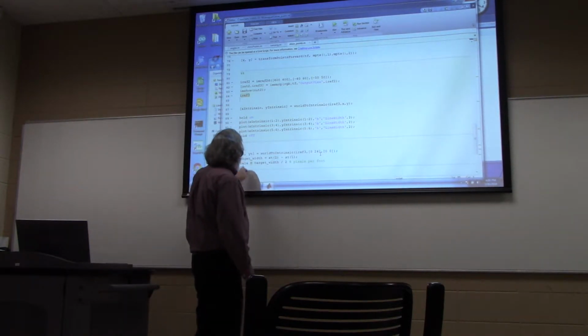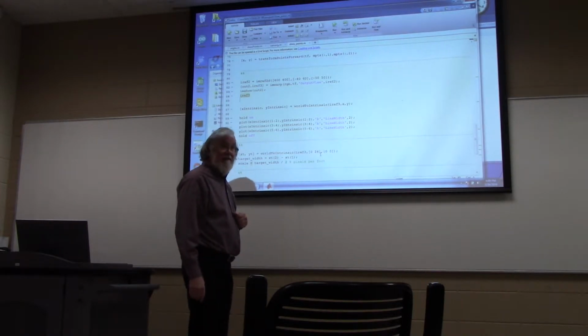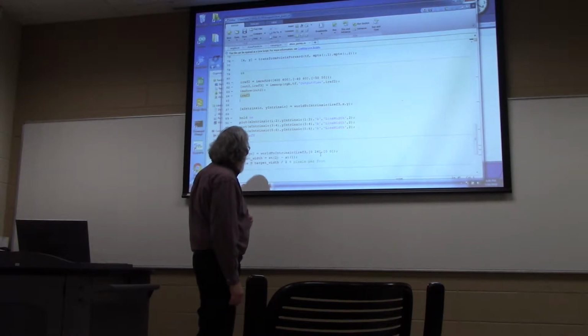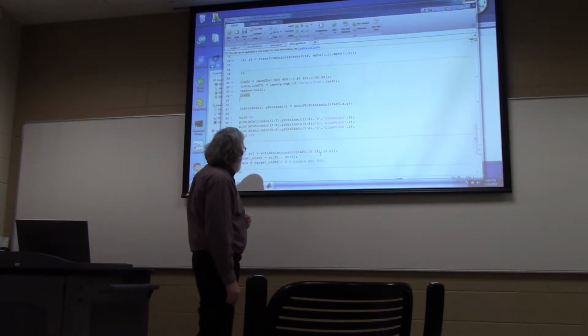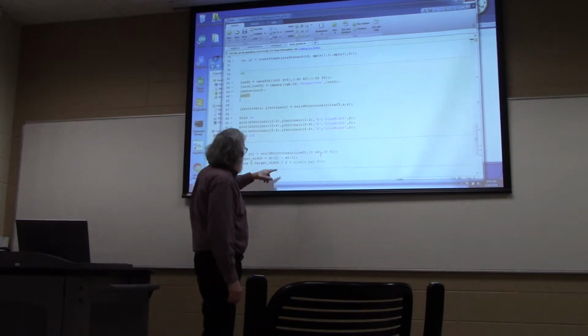So if I take that target width and divide it by 2 feet, that's going to give me the number of pixels per 2 feet.